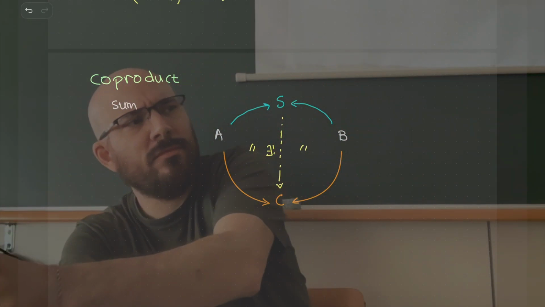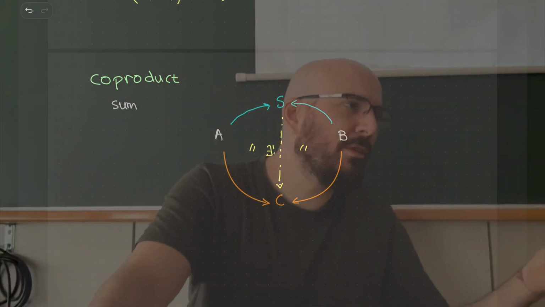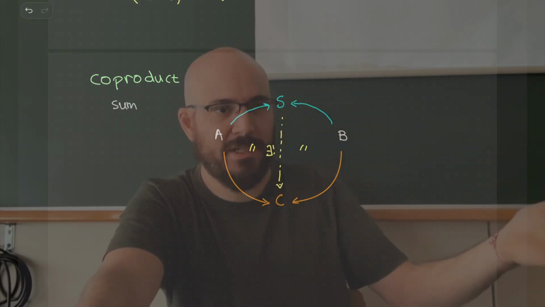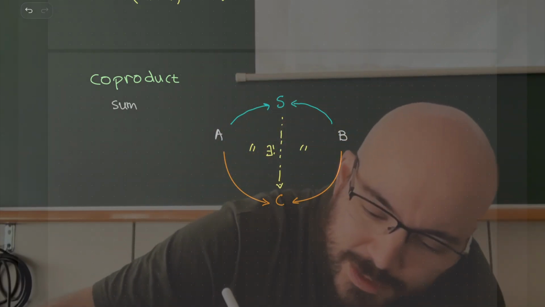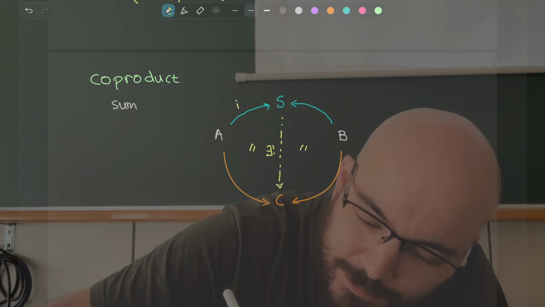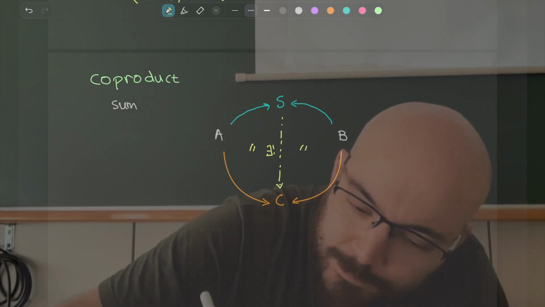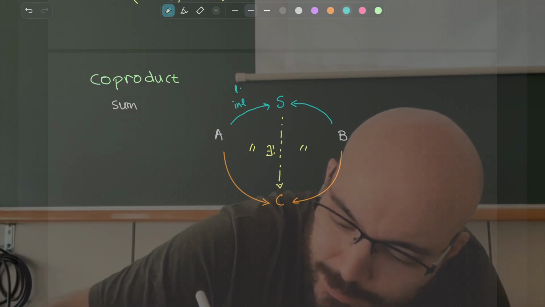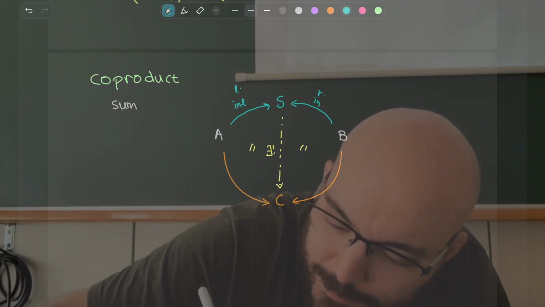For sets, it would be the disjoint union, and for our types, it will be the sum of the types. So it deserves its name. Okay, we do have these things. They are called inl and inr, or the lefting, or the righting, or I don't know how you want to call them.